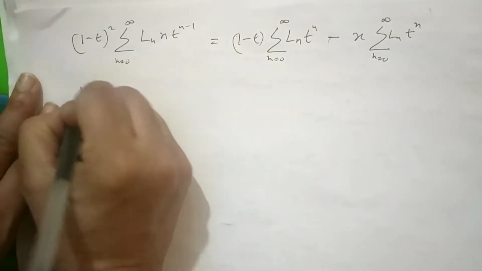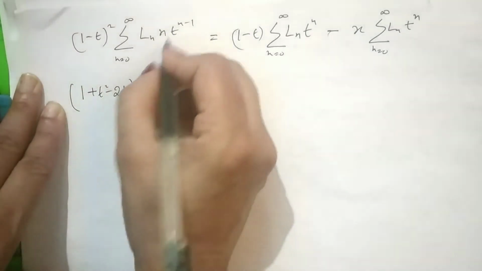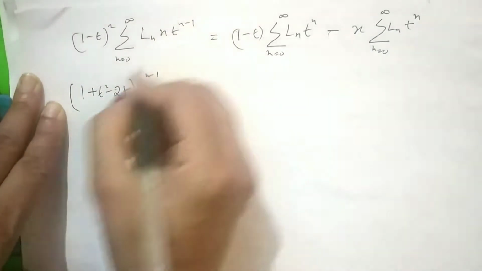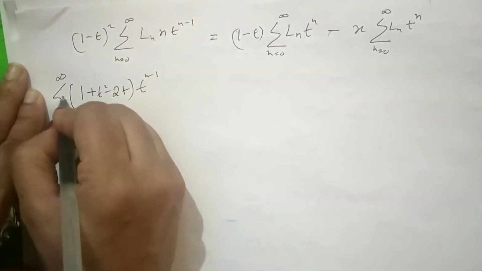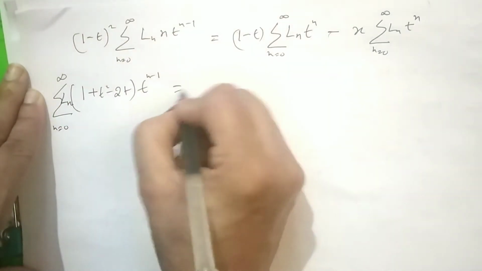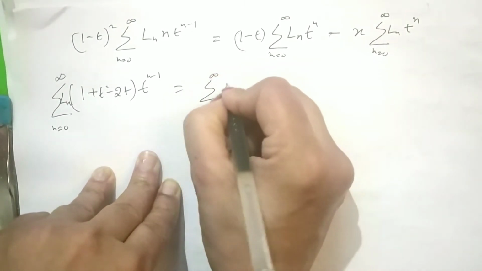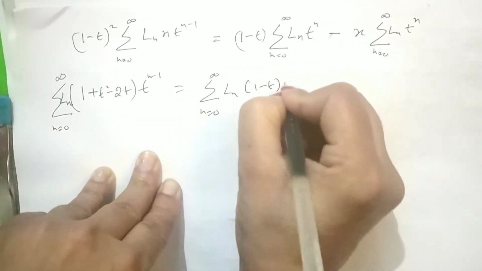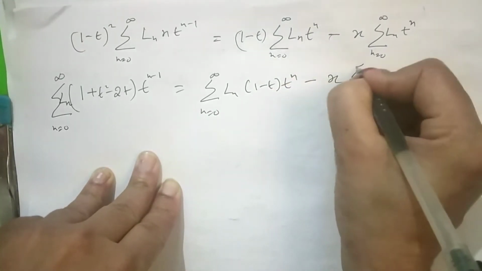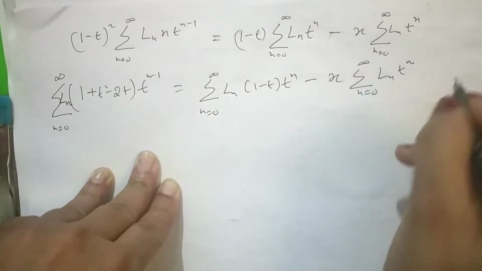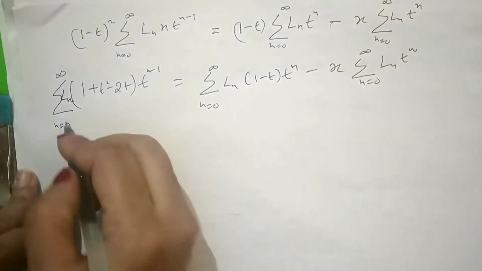Now we open this square. This is 1 plus t square minus 2t, which will be multiplied with n t raised to power n minus 1 here, and this summation 0 to infinity, and L_n will be as it is. Similarly, you can take this inside this summation and multiply it with the terms containing t. x we don't need to take inside the summation because we have to compare the powers of t here.